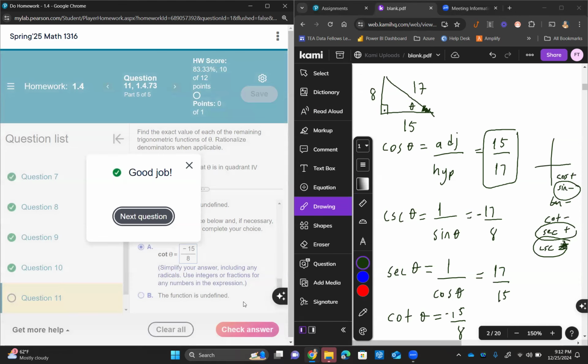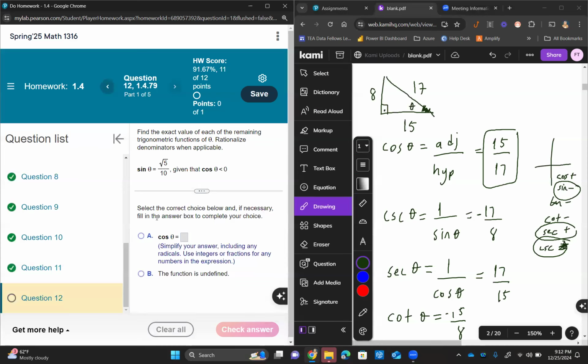Next question is for this lesson. It's pretty much the same idea, so I'm going to let you explore this. If you have the sine value positive and cosine given negative, when you look at the signs, sine is positive only in quadrant 1 or quadrant 2.